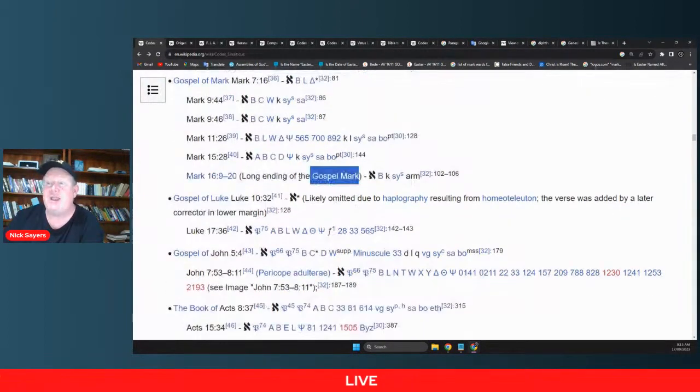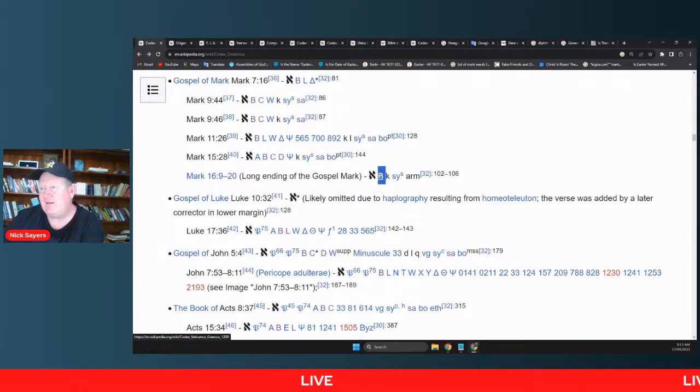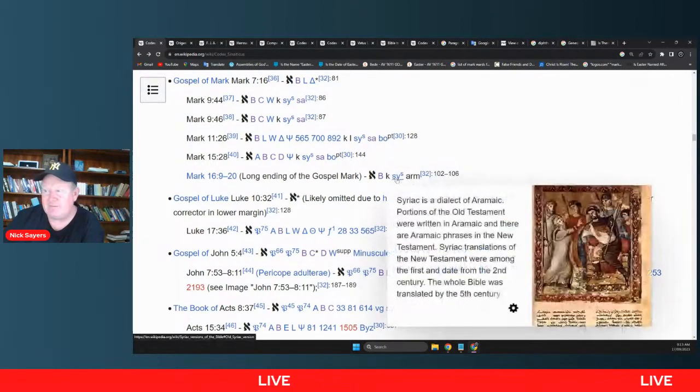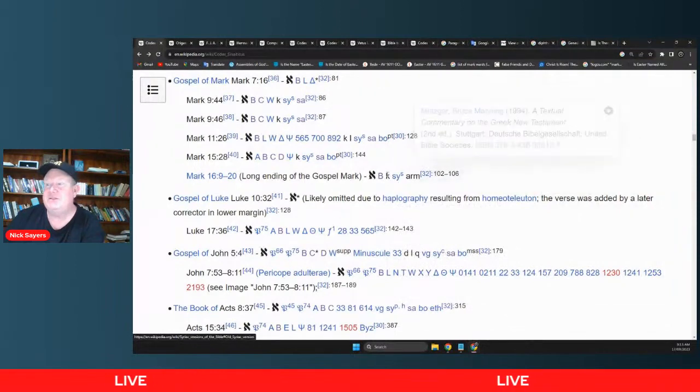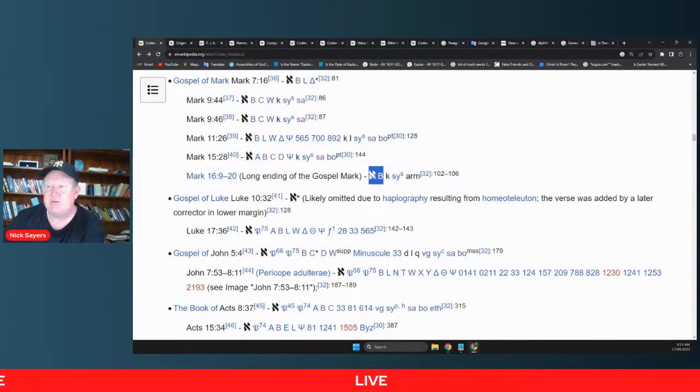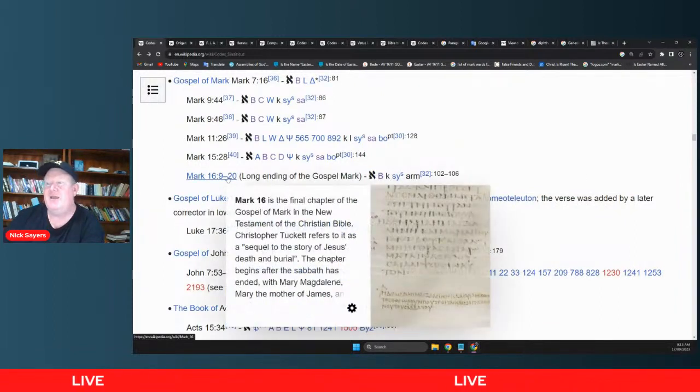And notice the long ending of Mark. And notice they have these here. It's Aleph and Vaticanus, and then they have K. So there's no link there. But the Syriac and the Armenian. So the only two manuscripts are really Aleph and B. And it's not like they just have them missing, but there's space for this to be included, but they're not included there.